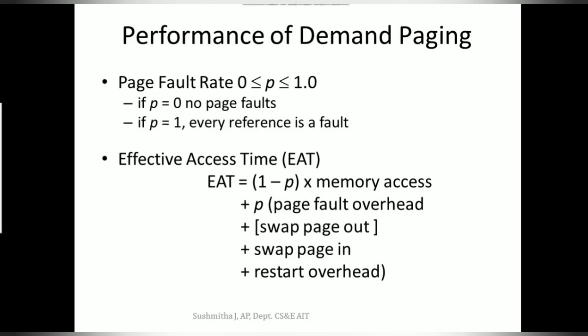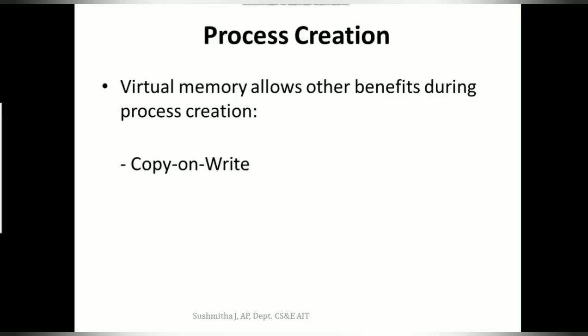The next thing that we have is the concept of copy on write. Virtual memory has one of its benefits in process creation. Now, when I say process creation, the process is created using fork, so there could be a parent process and an associated child process. This parent process and child process could be sharing the pages.